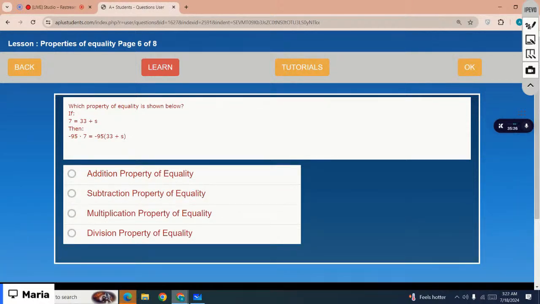Which property of equality is shown below? If 7 equals 33 plus s, then negative 95 times 7 equals negative 95 times 33 plus s. Which is the correct option?